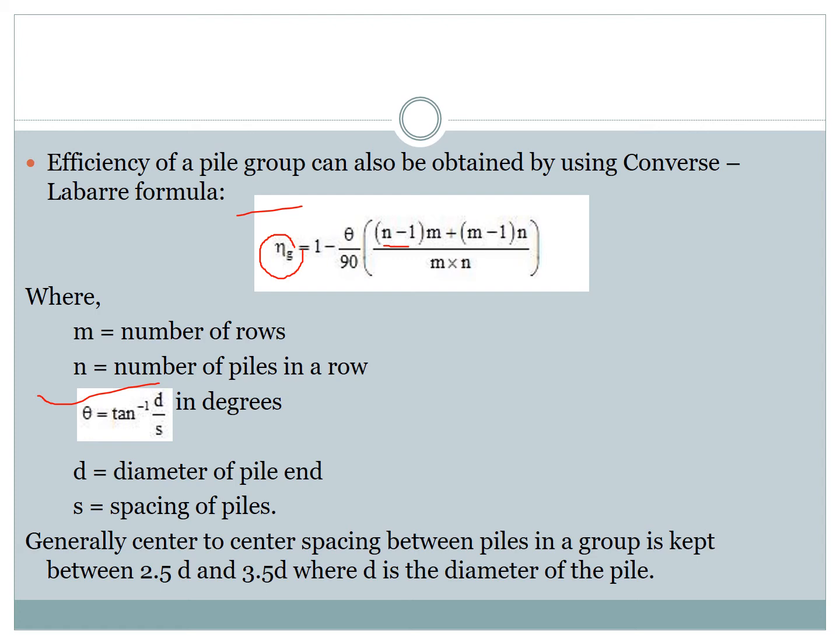Okay, generally center to center spacing between piles in a group is kept between 2.5 times the diameter and 3.5 times the diameter, where d is the diameter of the pile.